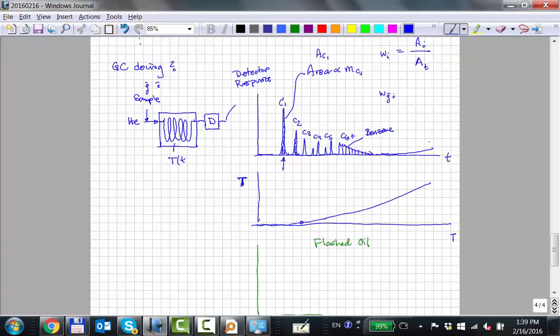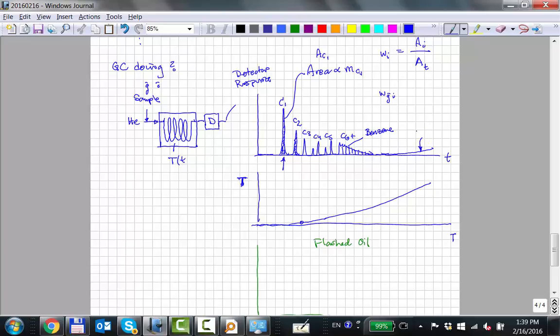And the reason it does that is because you're burning this column, this packing material. It has stuff on it that dislodges and goes with the helium out. It gets detected as if it was hydrocarbon, but it's not. It's something else. So this out here is false.